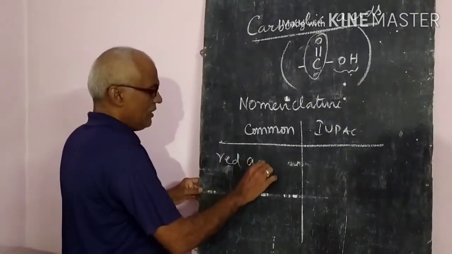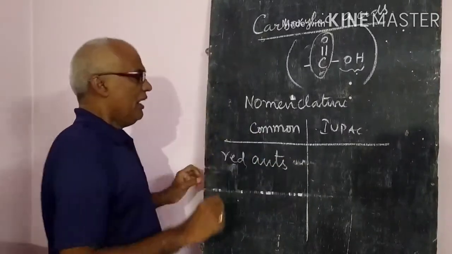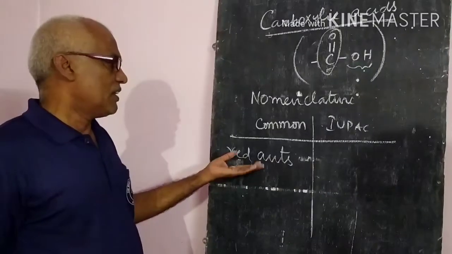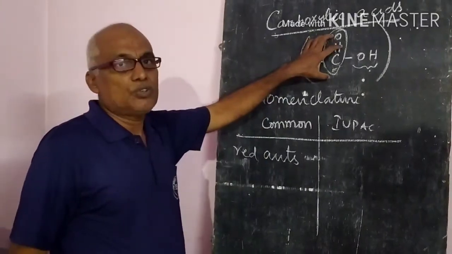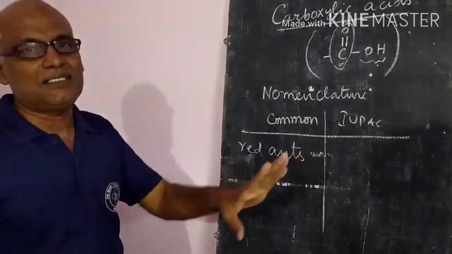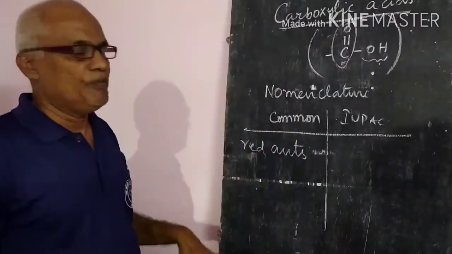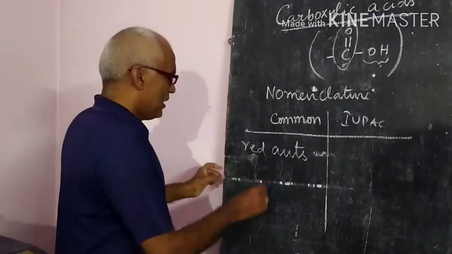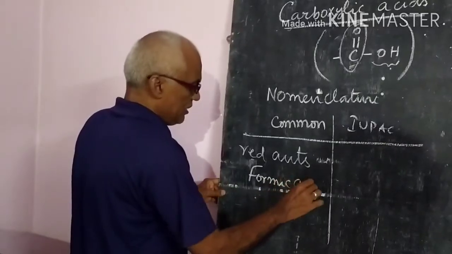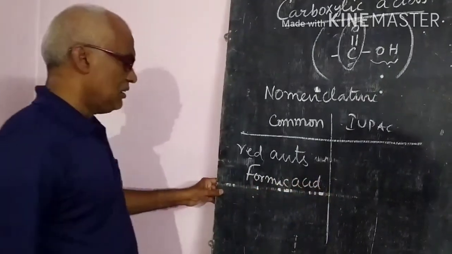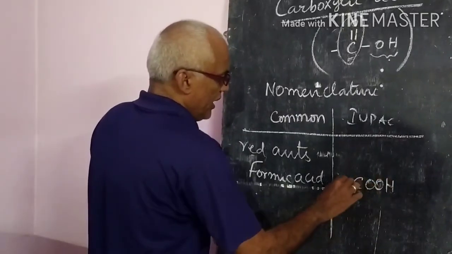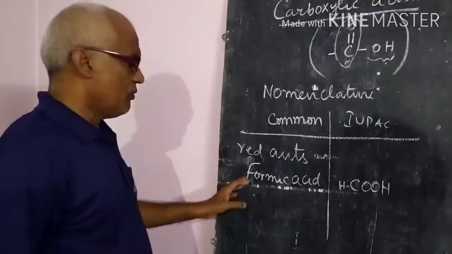Earlier in the forest, for the sour taste, people used to keep some red ants in the food. That is called formic acid, which contains only one carbon atom, HCOOH, formic acid.